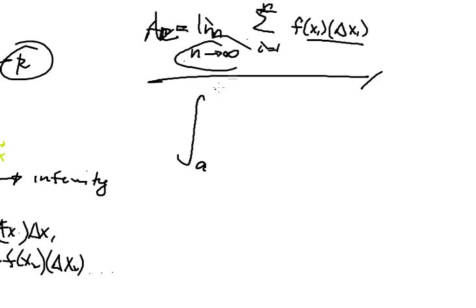And we can rewrite this using our integral sign: the definite integral from a to b of f of x multiplied by our delta x, as this delta x approaches 0.